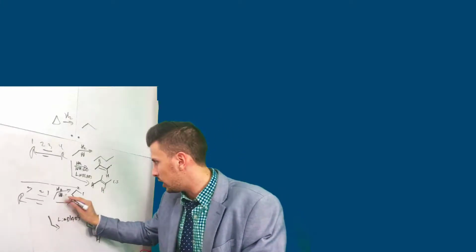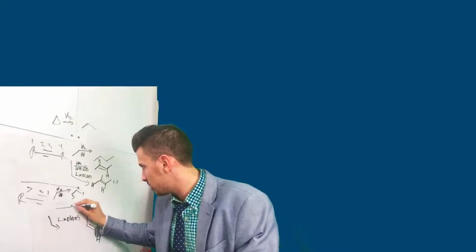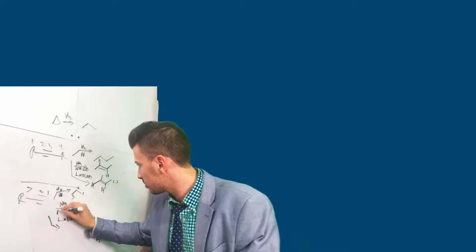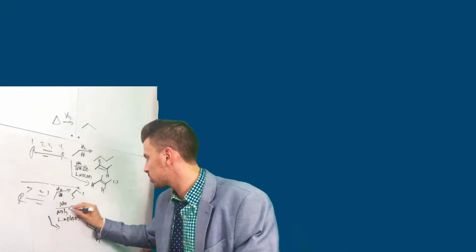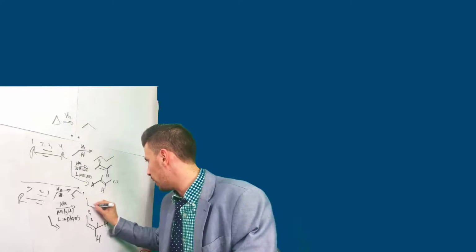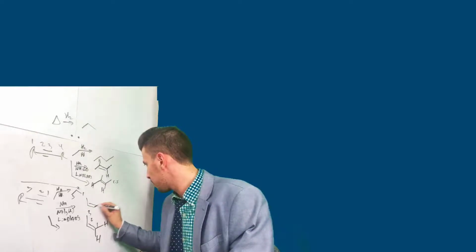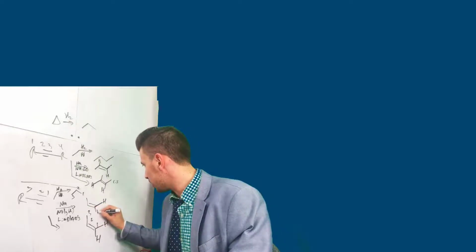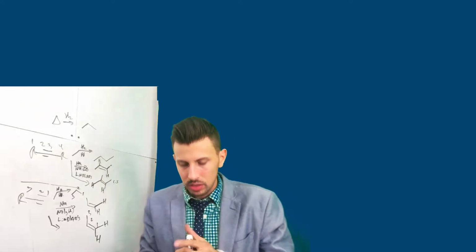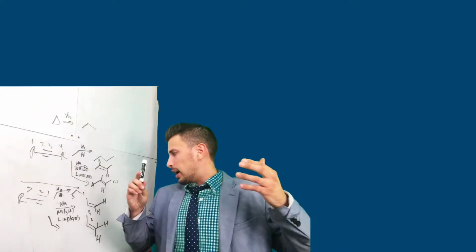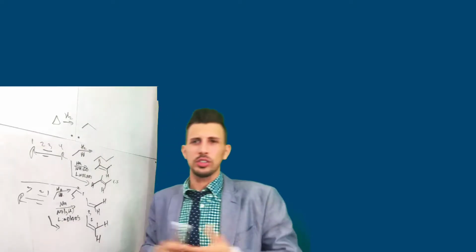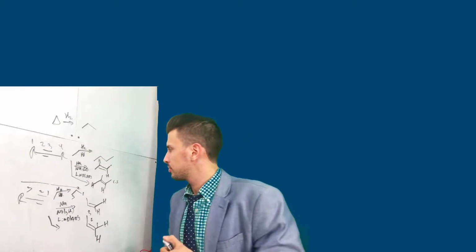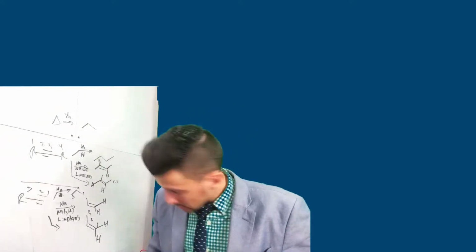As is the case for the liquid metal reduction, where you have the same product being formed as if you would have used Lindlar's catalyst. So make sure you know the difference.